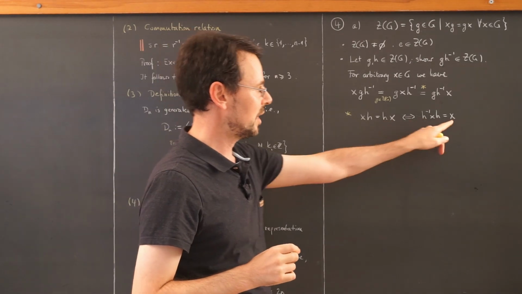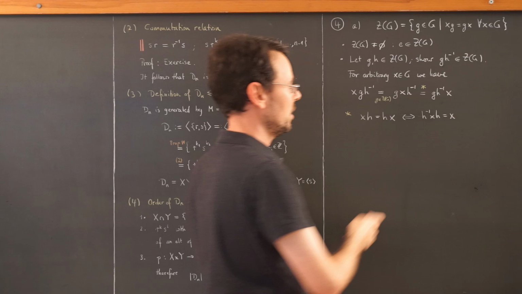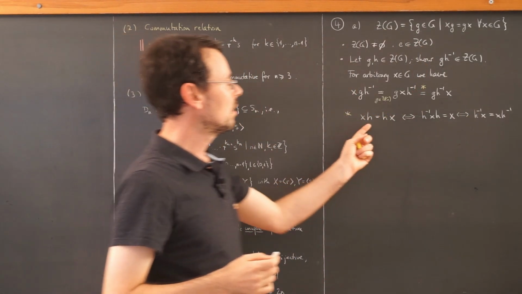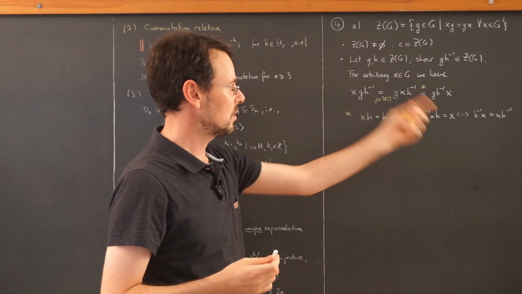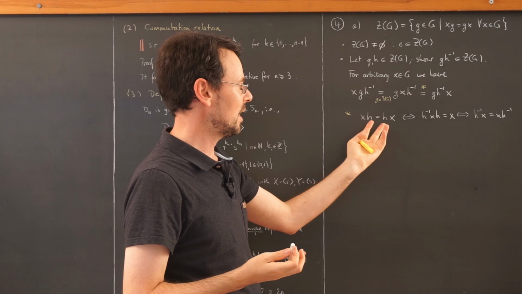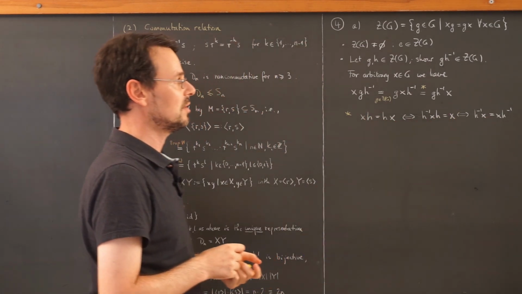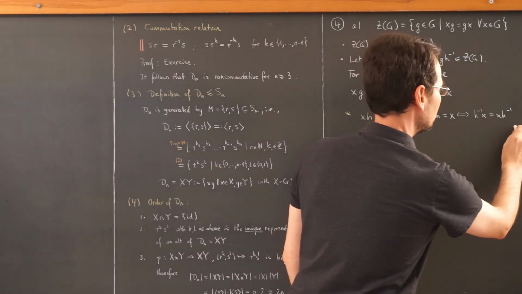H inverse and H cancel on this side, and now I multiply from the right with H inverse. So this shows directly that if an element is in the center, then also its inverse is in the center, because this here is true for arbitrary X. So from this follows, meaning exactly that H inverse also commutes, and this already finishes the proof.